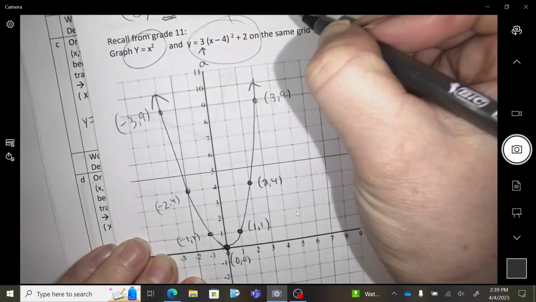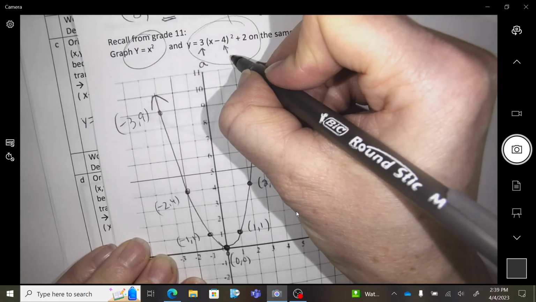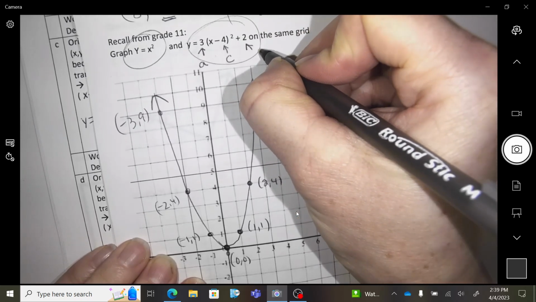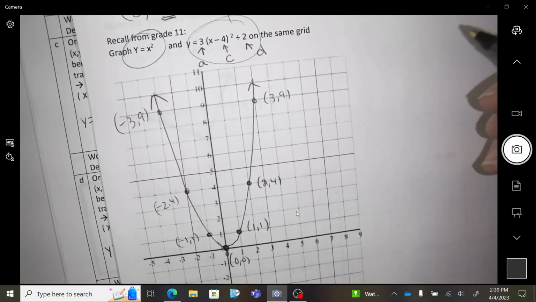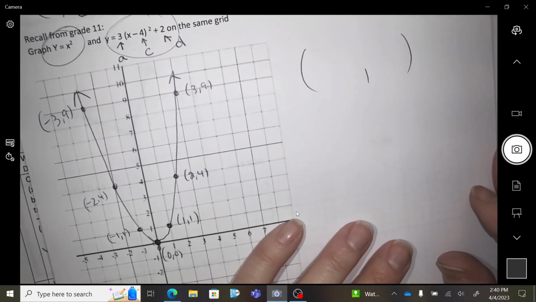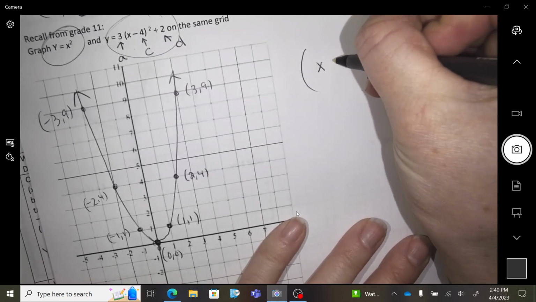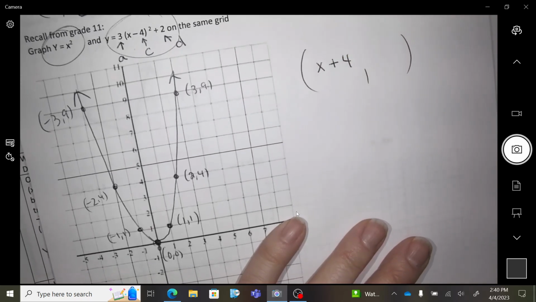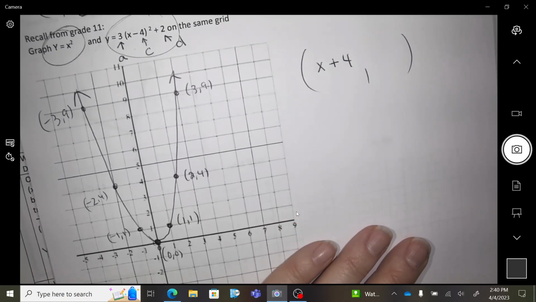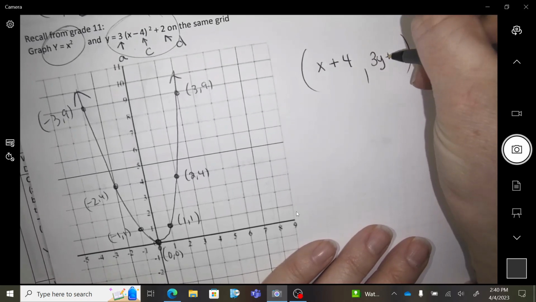A. The 4 part is a C and a D. Can you write me your new coordinate using the 3, the 4, and the 2? So x plus 4, oh, because the opposite, 3y plus 2.